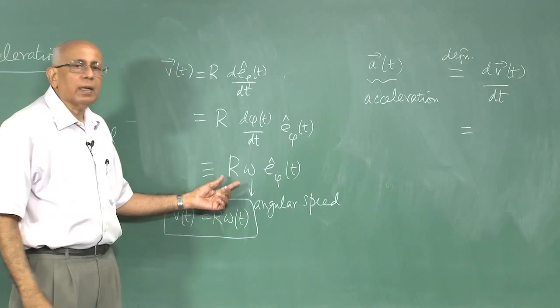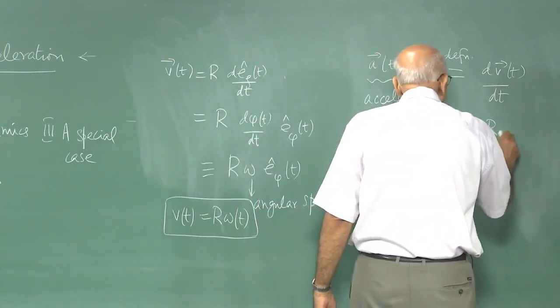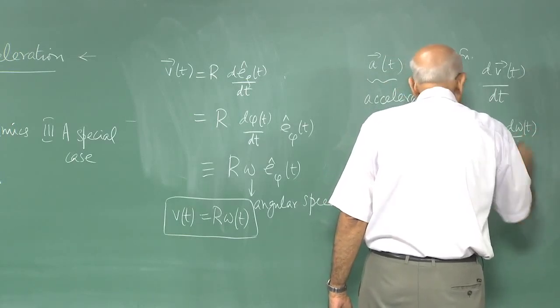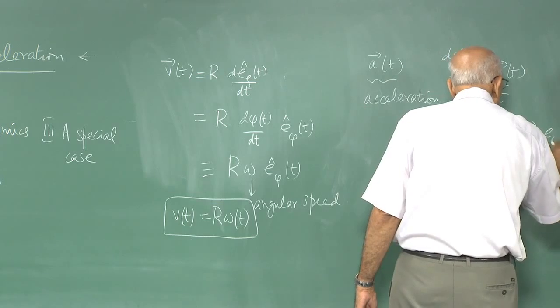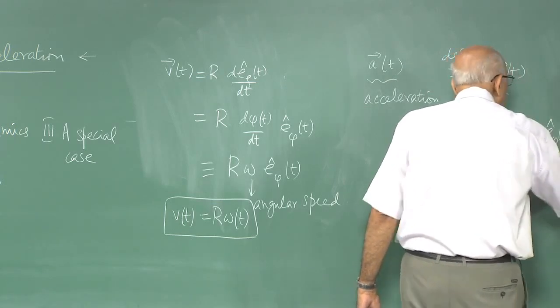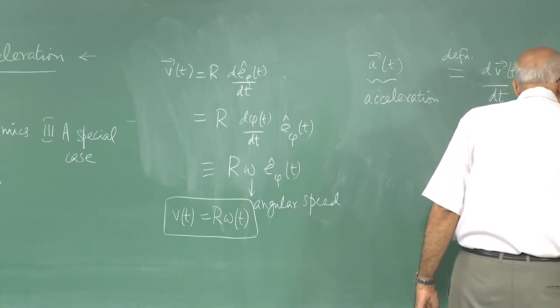But notice that capital R is a constant, so that does not get differentiated, and by the chain rule this is therefore d omega over dt, that could possibly be a function of time, times E phi of t plus r omega times d E phi of t over dt.